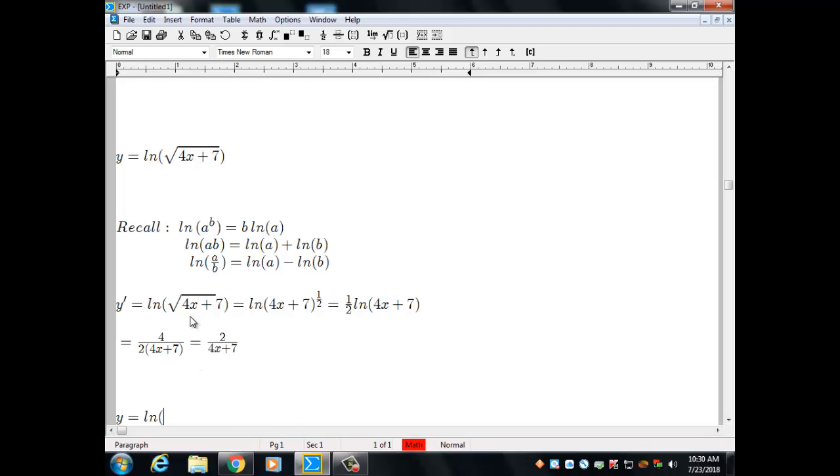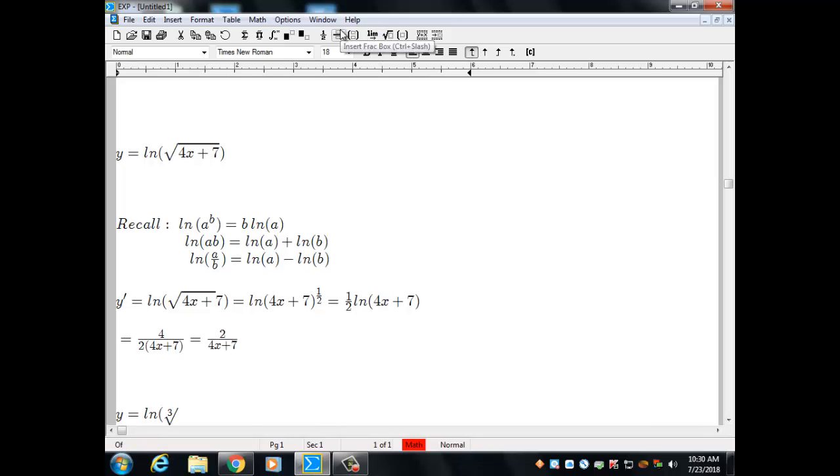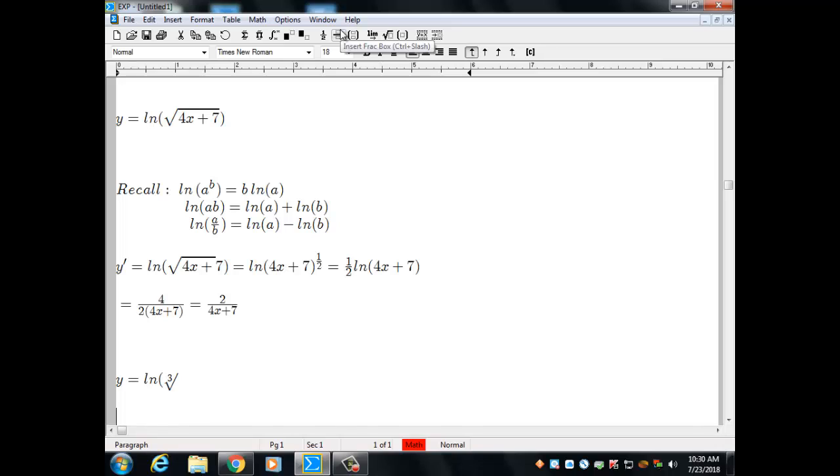Let's go ln cube root e to the 4x plus x squared. We'll press pause here.